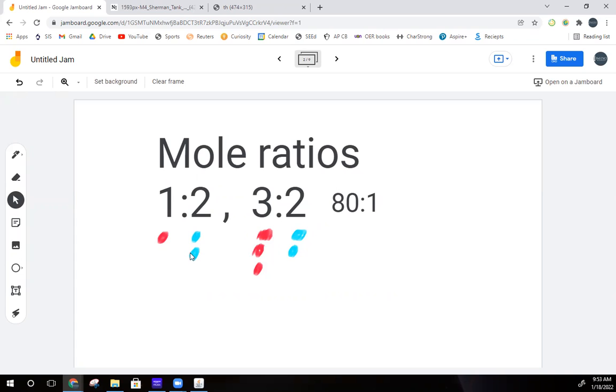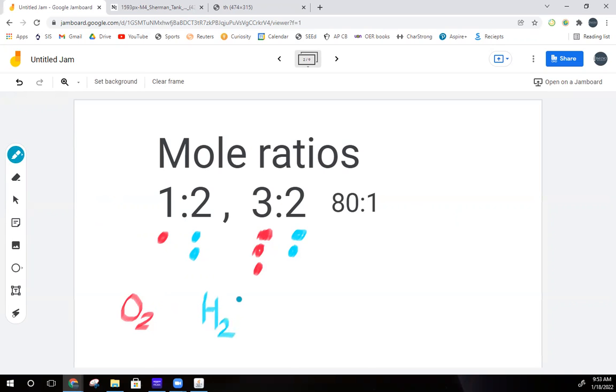Really, when we talk about mole ratios, we're looking at a recipe of chemical compounds. 1 of red, 2 of blue. Let's say that the red is O2, and the blue is H2O.